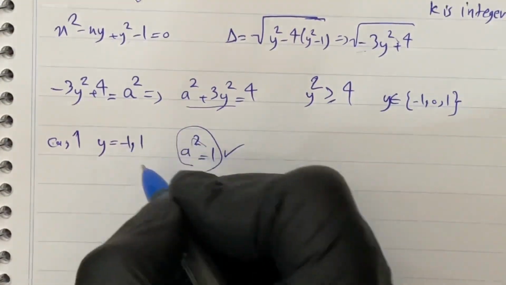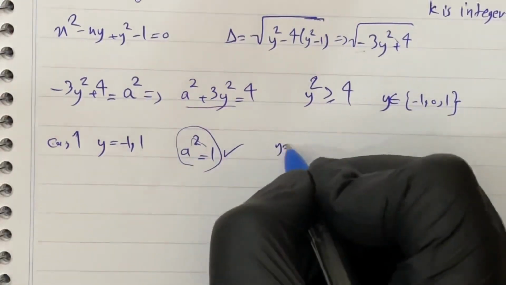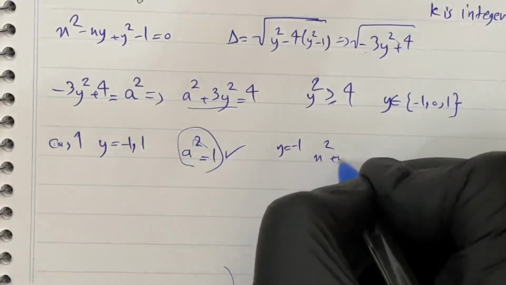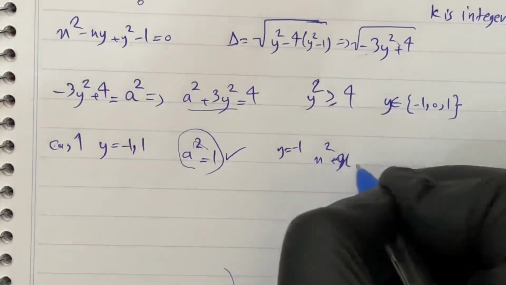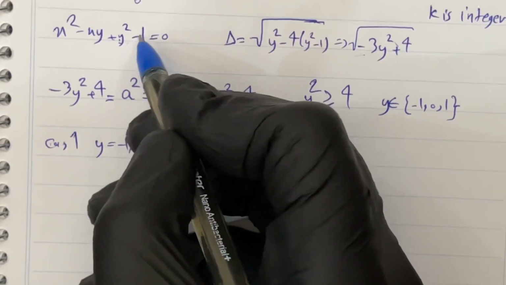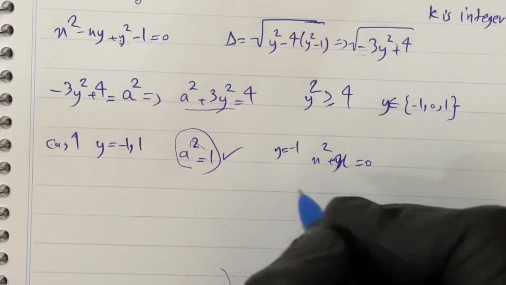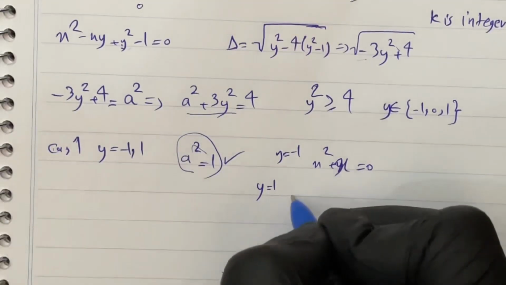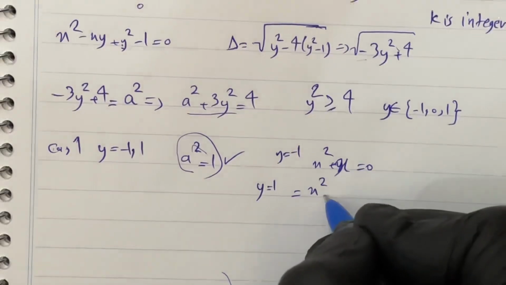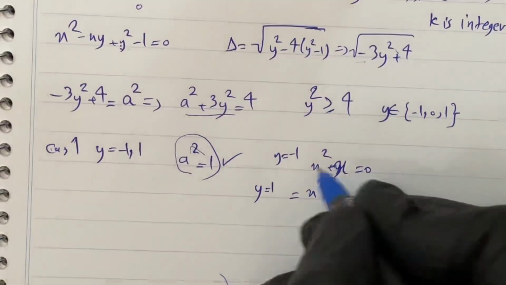For y equals negative 1, this is x² plus x equals 0, and for y equals 1, this is x² minus x equals 0.